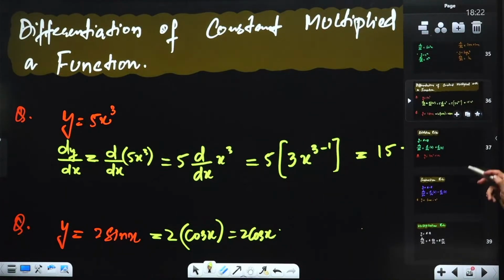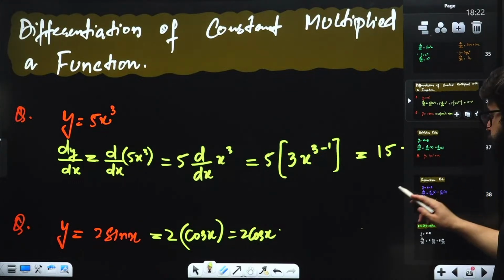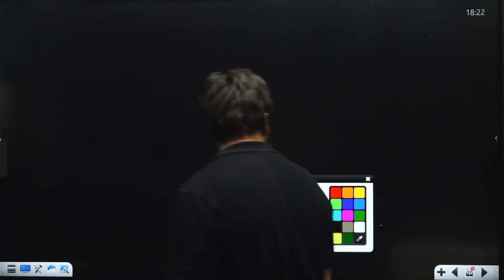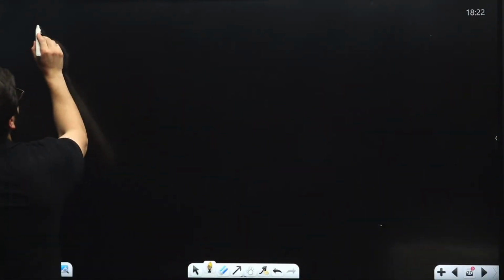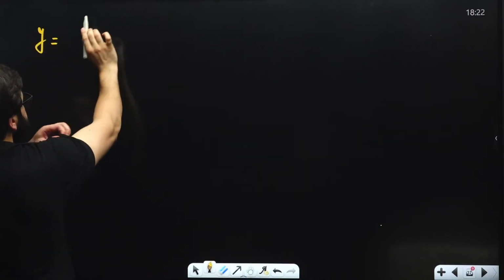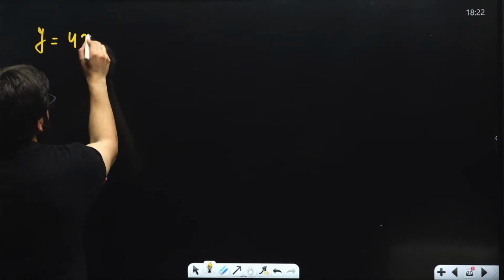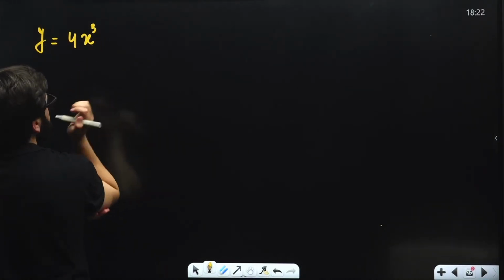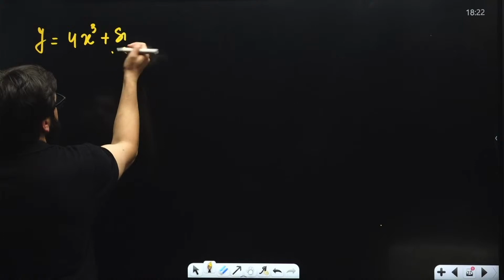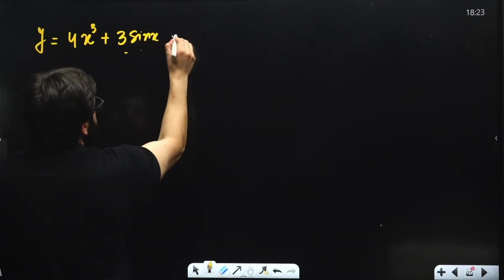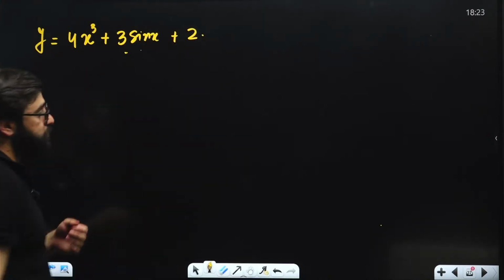Next. Let's suppose you are getting a question like this: y is equal to 4x cube plus 3 sine of x plus 2.